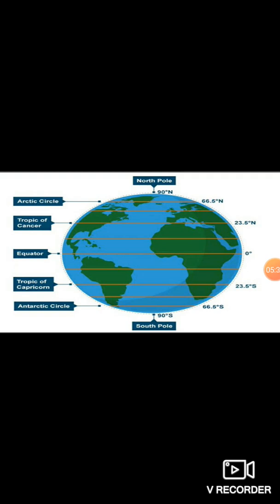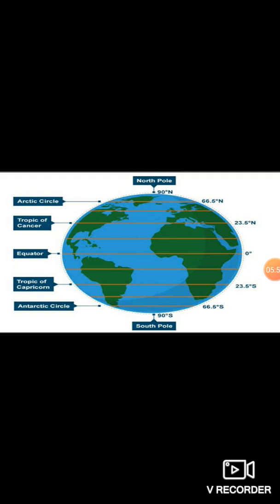One is the Tropic of Cancer in the northern hemisphere. 23.5 degrees north latitude is called the Tropic of Cancer. Have you seen that? Yes, 23.5 degrees north. N is noted there.